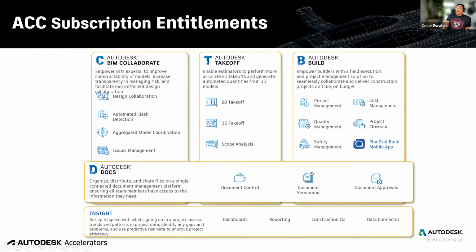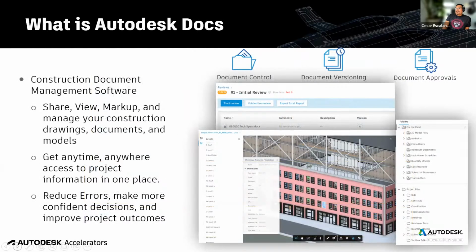The common denominator between these modules is the Autodesk Docs. So Docs is a document management system that allows you to use a cloud interface to create quality control activities like viewing a model, sharing it with stakeholders, creating red lines and markups, and manage the distribution of your design and construction exchanges.